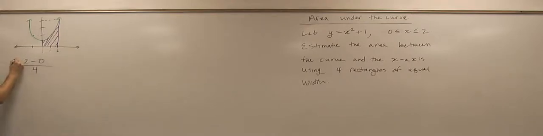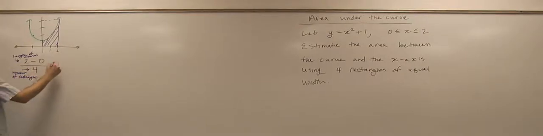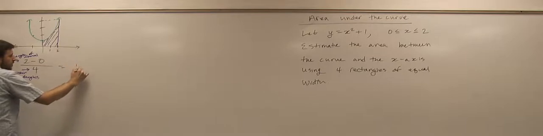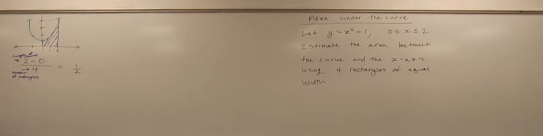So this will always give you the size of your rectangles: the length of the interval over the number of rectangles. 2 over 4 is 1/2. So if I want rectangles of equal width, I have to make rectangles of width 1/2.